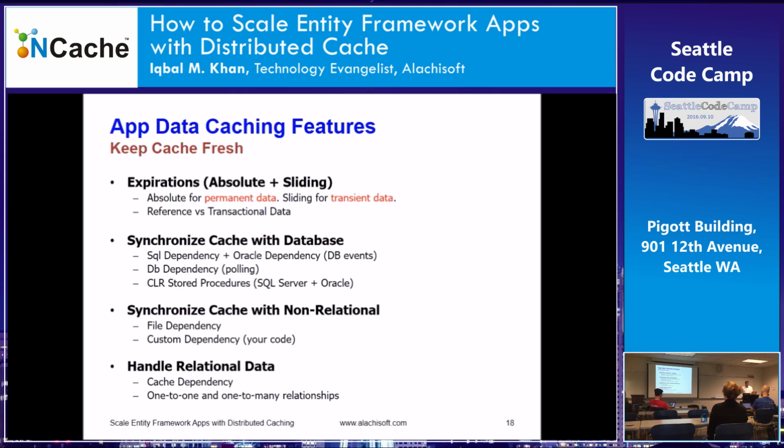Make the API call. So, for example, for permanent data, for data that also exists in the database, you should use absolute expiration. And I'll show you that.